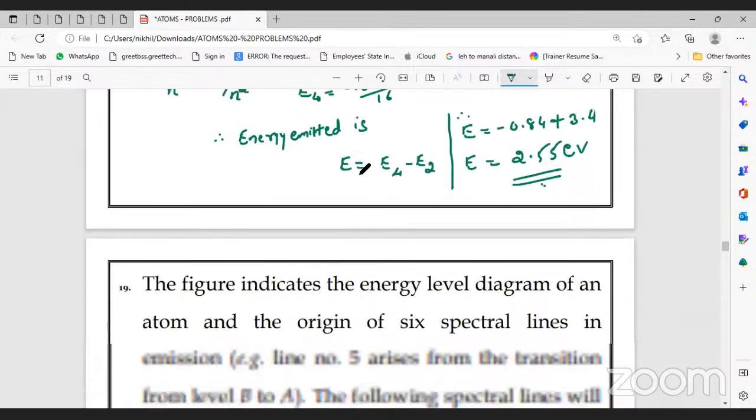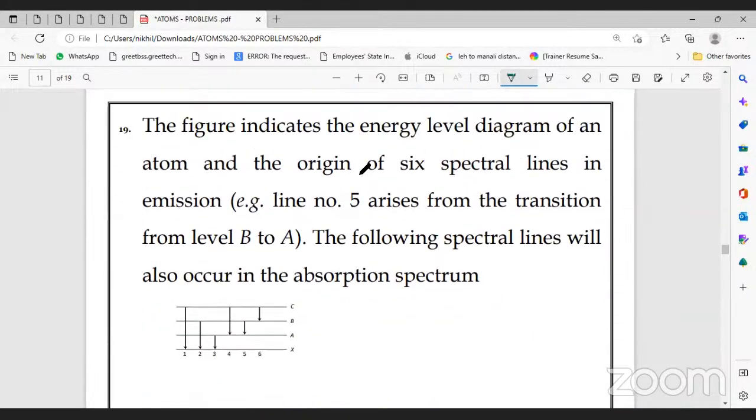Let us take up the next problem, students. The figure indicates the energy level diagram of an atom, and there is an origin of 6 spectral lines. They are named as 1, 2, 3, 4, 5, 6.